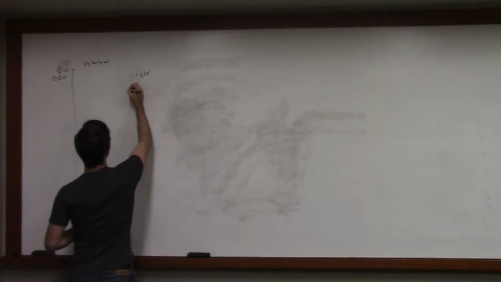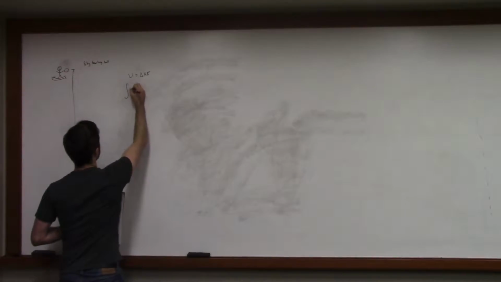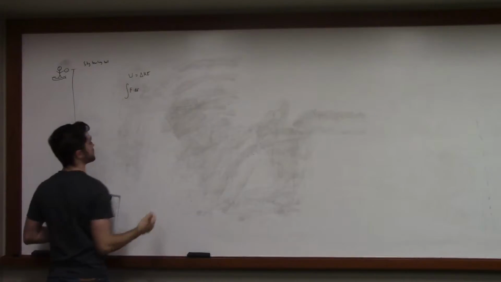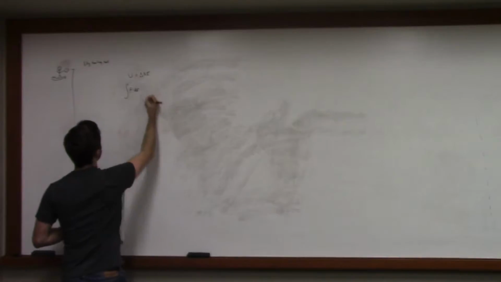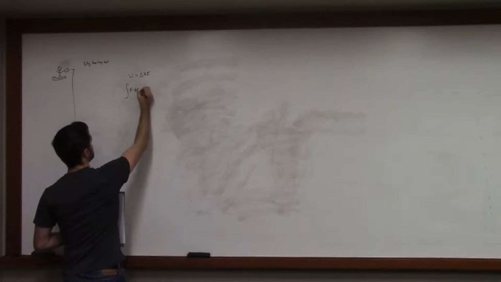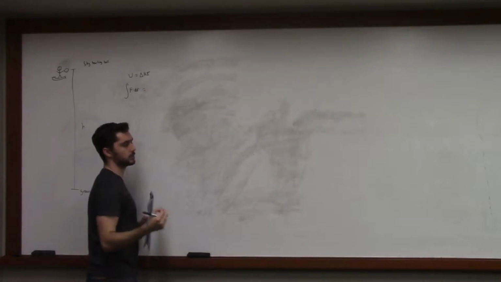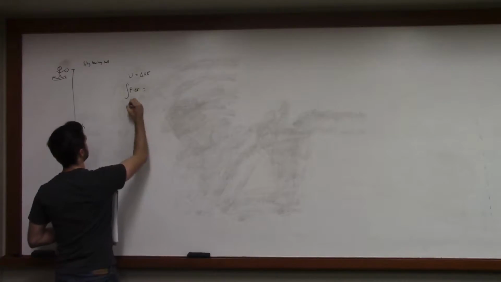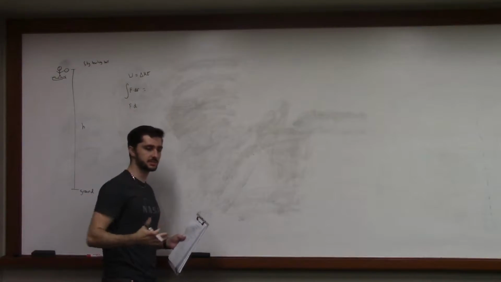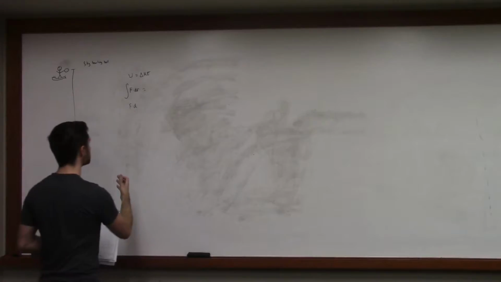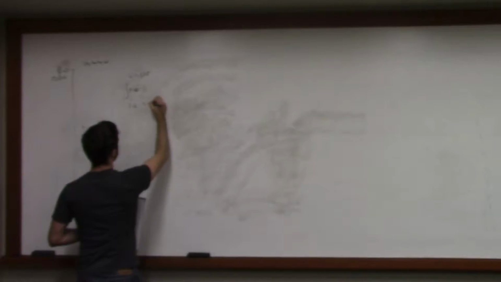Well, work is going to be equal to the integral of the force dot dr. So it's just the force along the direction. Now, in the case that you have a constant force, this reduces to the more usual case that you're probably more familiar with, which is just Fd. And this is in the case that you have a force that's in the same direction of motion, and it's a constant force. And this is going to be equal to delta KE.